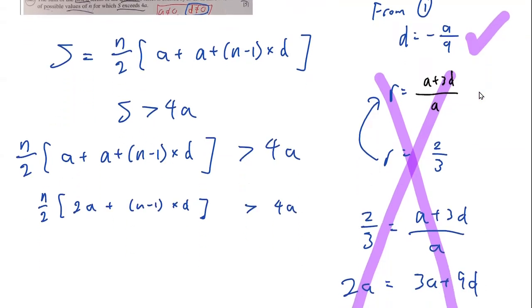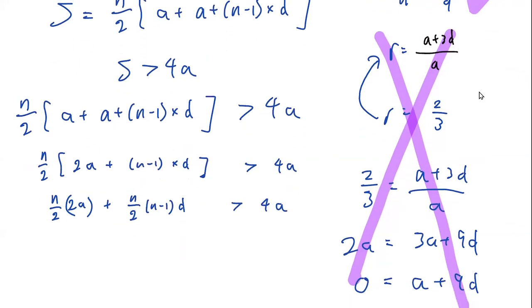Now we can also multiply out the n over 2 into the 2A and into the n minus 1 times d, more than 4A. Since A is more than 0, that means that we can divide throughout by A. Actually, the 2 and 2 cancel off. If I divide throughout by A, do I need to flip the direction of the inequality? Don't need, because A is positive.